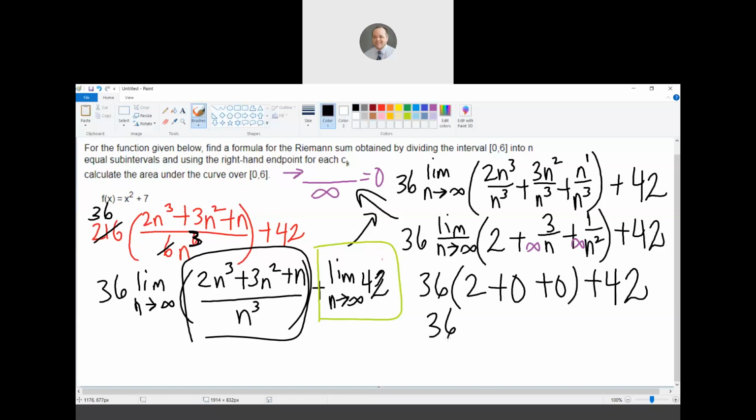So we got 36 times 2, which is 72, plus 42. So the area under the curve going from 0 to 6 is exactly 114 square units.